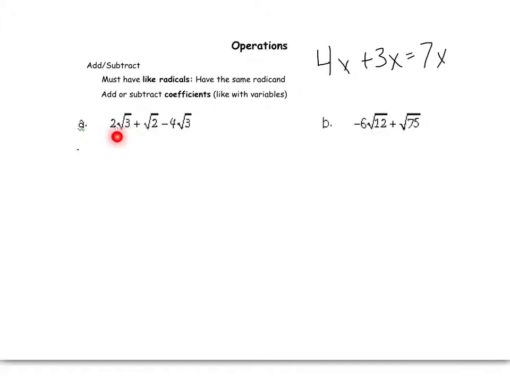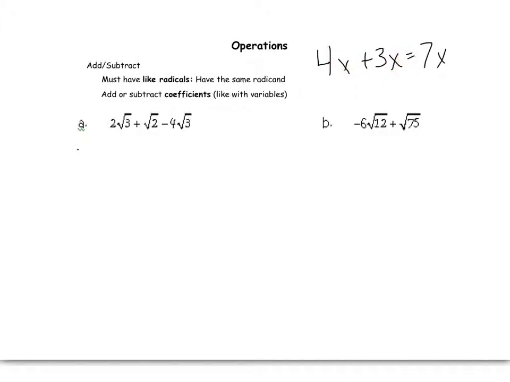If you have 2 square roots of 3, a square root of 2, and a negative 4 square roots of 3, you can only combine radicands with the same radicand. So you add or subtract coefficients, just like you do with the variables, but you can only do it when they have the same variable, the same thing connected.